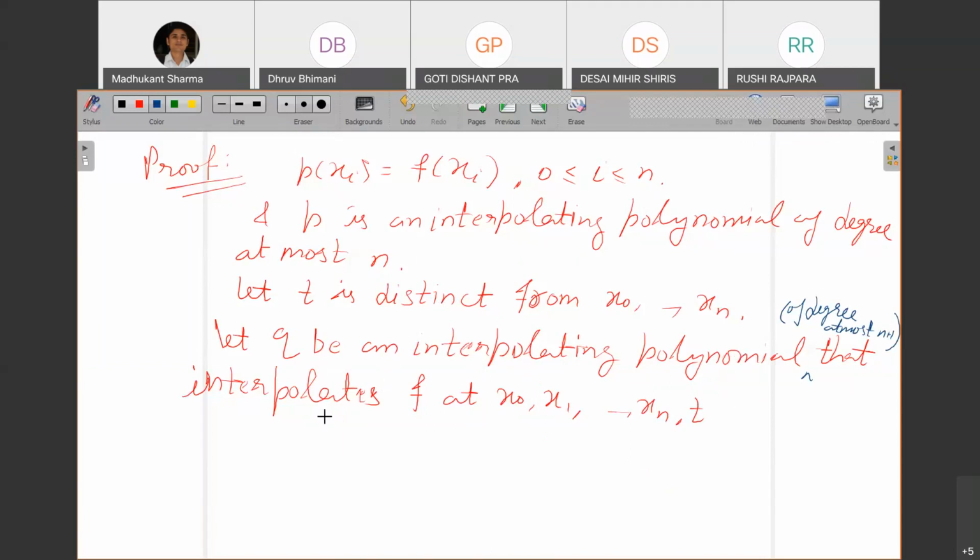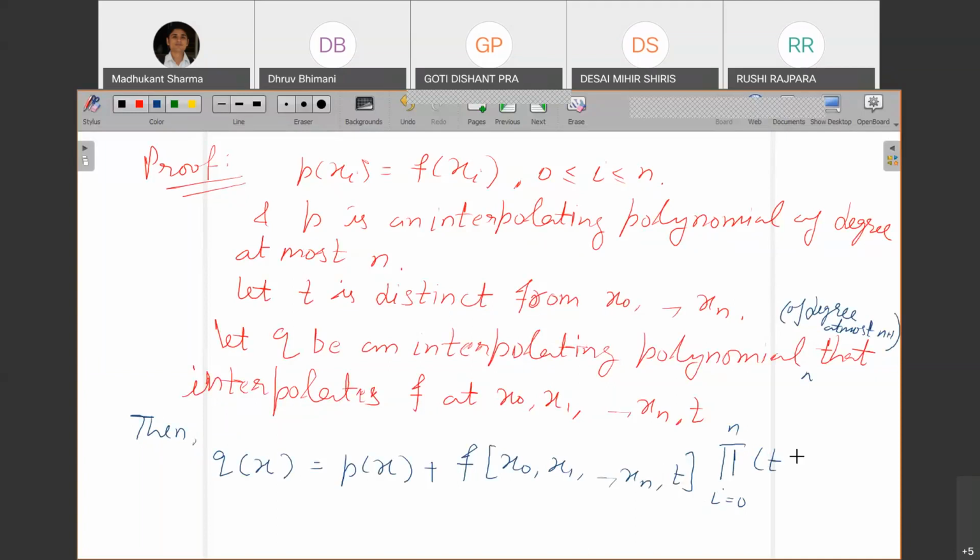By a similar construction, following similar steps, Q of x is equal to P of x plus the n plus 1th order divided difference f of x0, and so on, xn, comma x, times the product for i equals 0 to n of x minus xi.